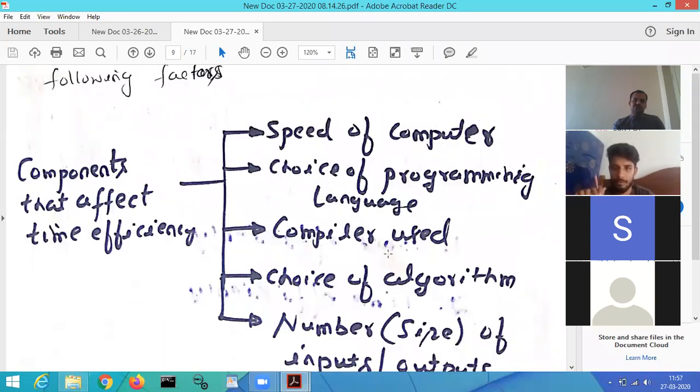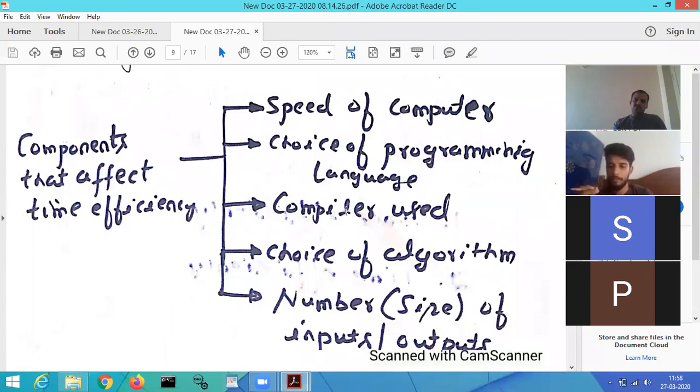That means whenever I want to find out the time efficiency, I can't use these three parameters, because the speed of the computer varies from one person to another. The same algorithm may be implemented in different programming languages, one in Java, another in Python. It also does not depend on the compiler you are using.